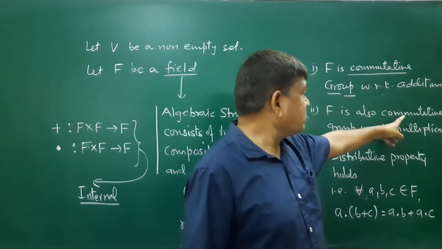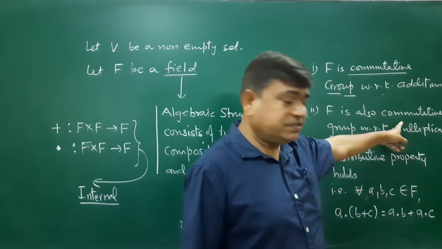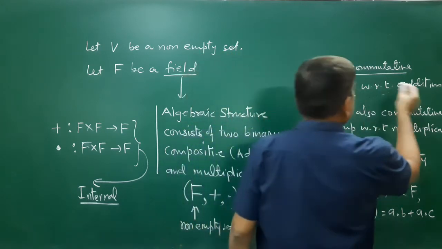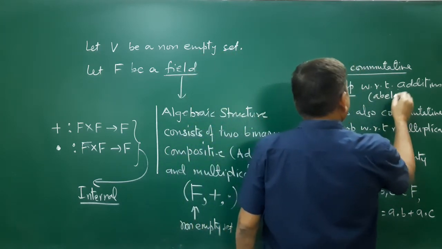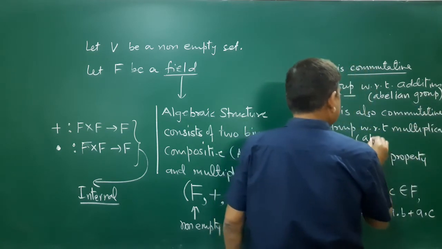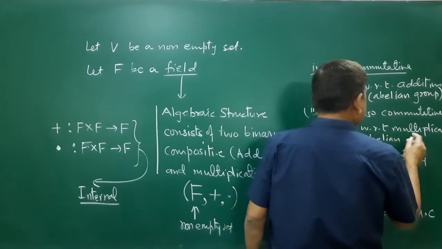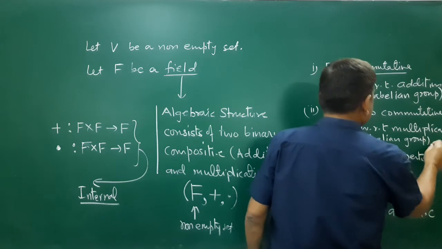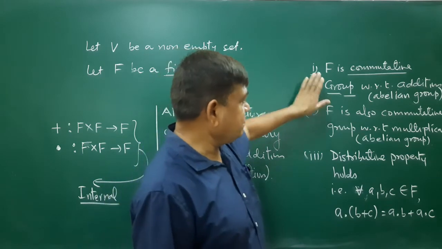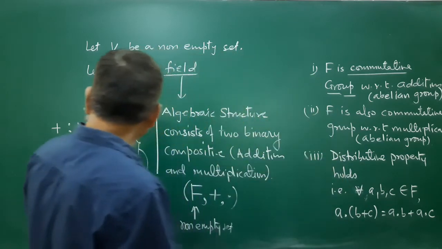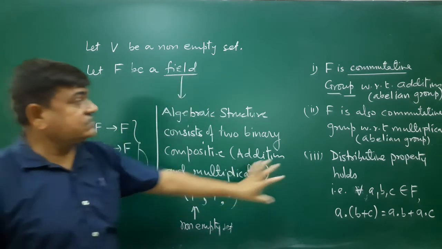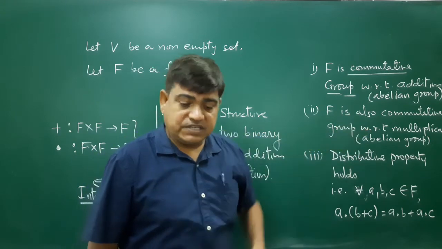F is also a commutative group, abelian group, and third, the distributive property holds. How many properties? 11 properties, 5 plus 5 plus 1. So as soon as you write let F be a field, it includes all the things. This is very important.